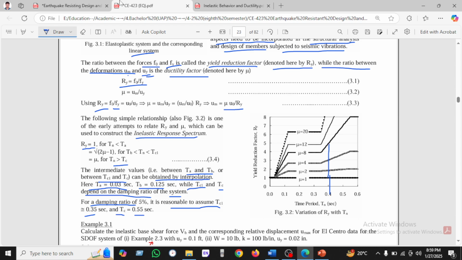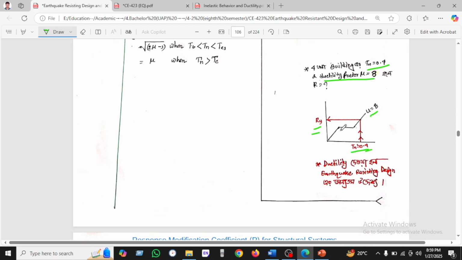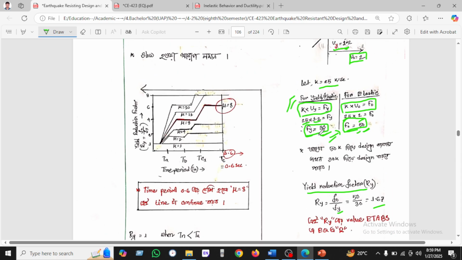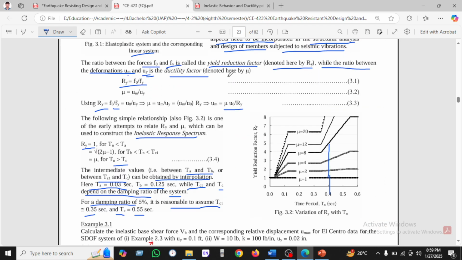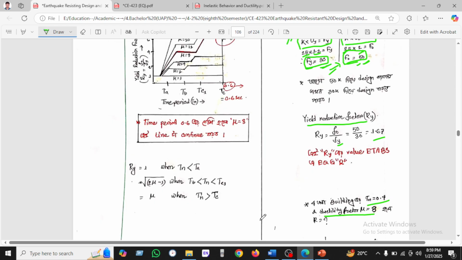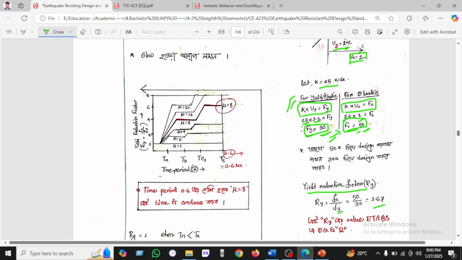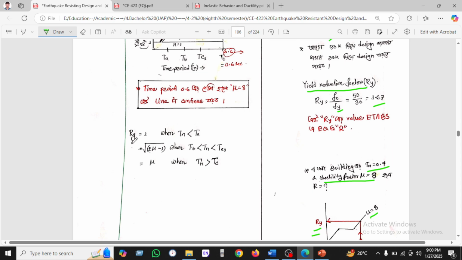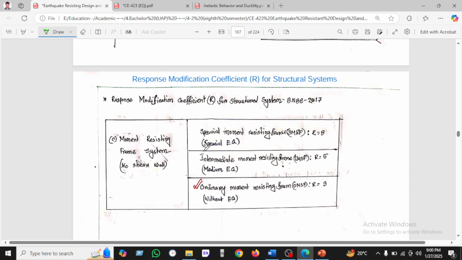We go to the graph for ductility factor 8, and here it will be almost 5. Okay, almost 5. In this graph we see Ta, Tb, Tc, and 0.6 is here, with time period on the x-axis and the yield reduction factor on the y-axis. Okay, so Ry equal to 1 when Tn is greater than Tc, all the parameters given.